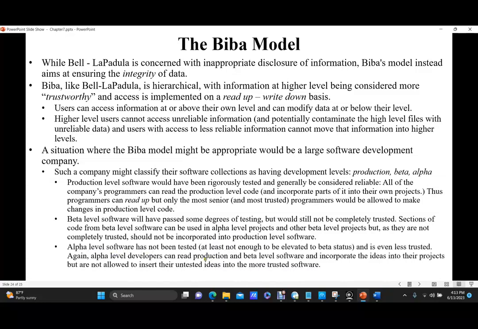Alpha level software has not been tested, at least not well enough to be elevated to beta status. It's even less trustworthy than beta. Alpha level developers can read production and beta level software and incorporate ideas into their own projects, but they're not allowed to insert untested ideas into more trusted software.